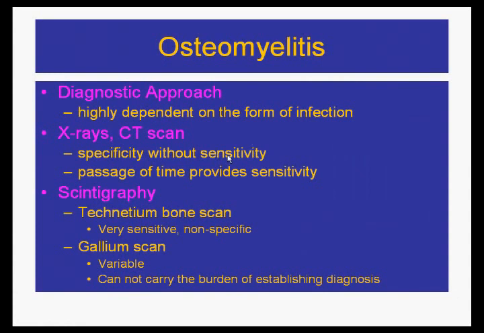In acute hematogenous osteomyelitis of children, X-rays are not of much value, except to show that there's no other pathology going on. And there they have to use scintigraphy, okay? But in adults, we don't have that problem because when vertebral osteomyelitis presents, it's almost always with many weeks of symptoms prior to presentation, and we can use the X-ray for making the diagnosis because it's already become sensitive, because the passage of time has provided that sensitivity.